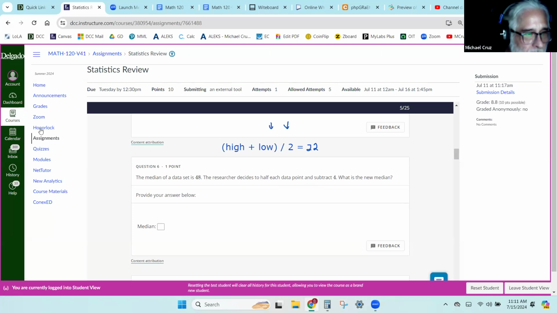Well, if we did that to all of them, that's the same thing as just this. 48 divided by 2 minus 4. So that's going to be 24 minus 4 is equal to 20.